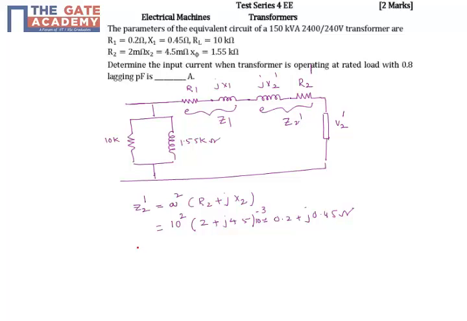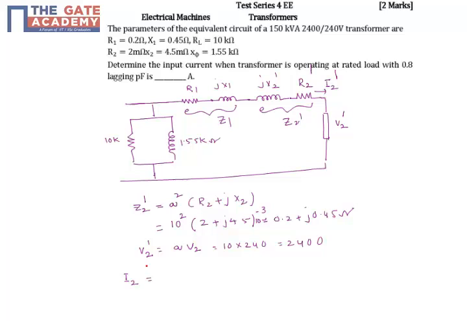What about V2 dash? V2 dash is nothing but A times V2. This is 10 into 240, which is 2400. Then what about I2? Because now this current will become I2 dash. So first find out I2, then after that I2 dash. So I2 is nothing but the load current.